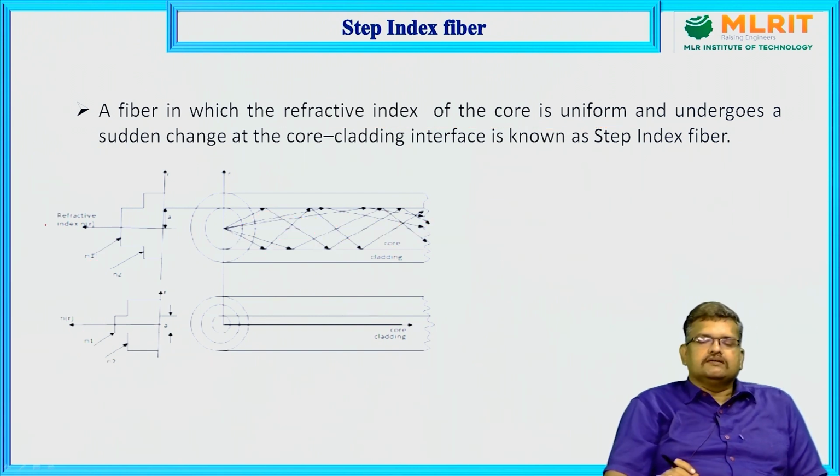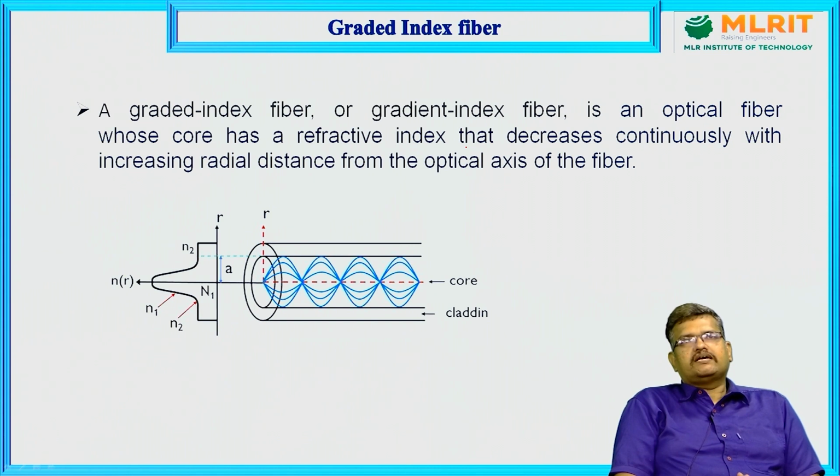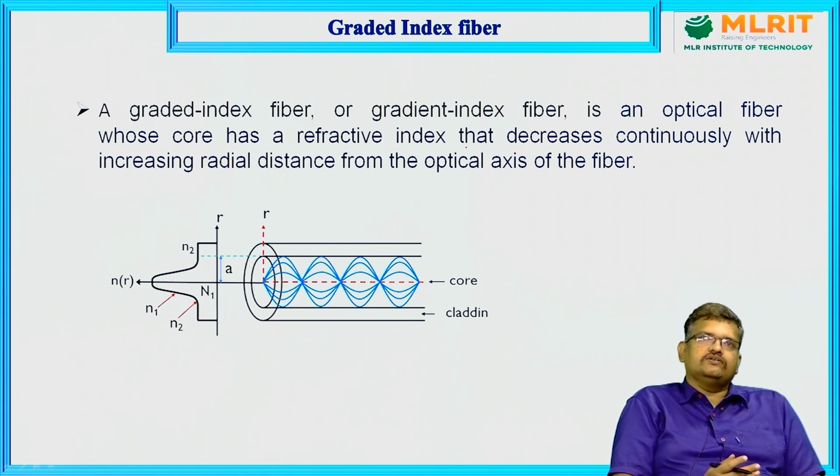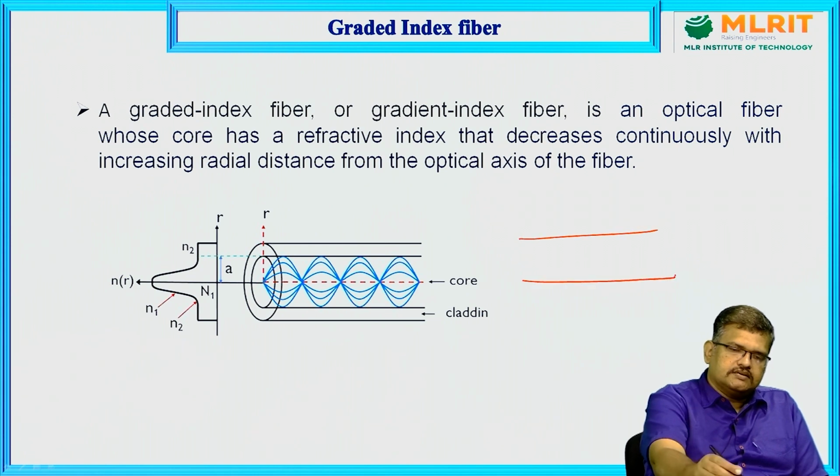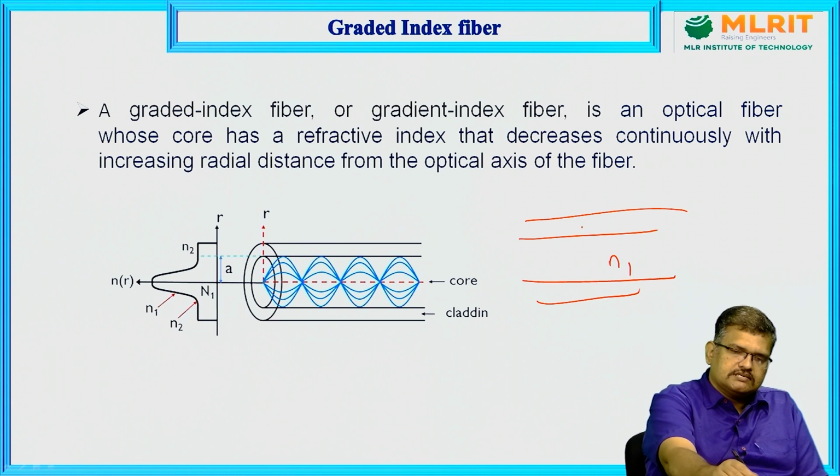Let us see the graded index fiber. You can call it graded index fiber or gradient index fiber. In this, the core has a refractive index that decreases continuously with increasing distance from the axis of the fiber. Here the core refractive index is N1 and the cladding refractive index is N2.